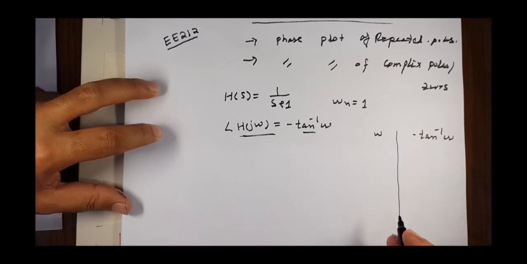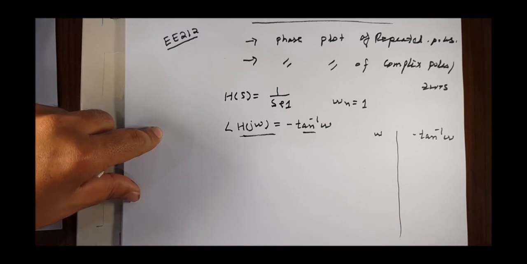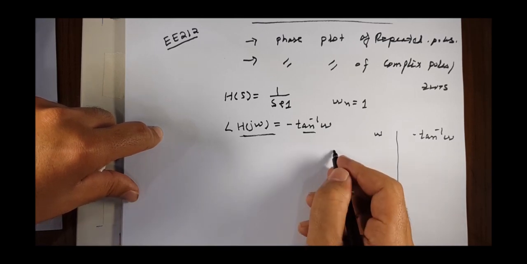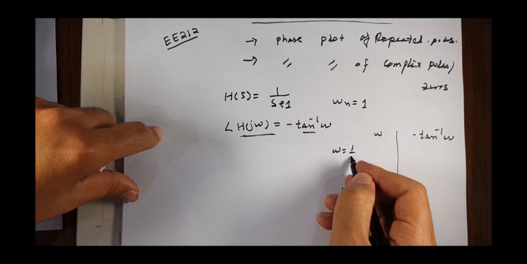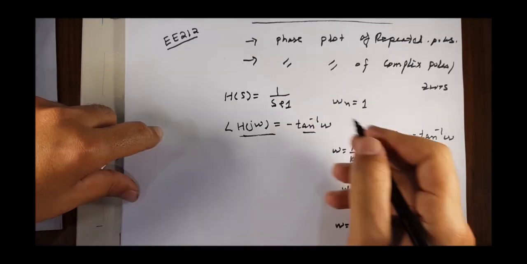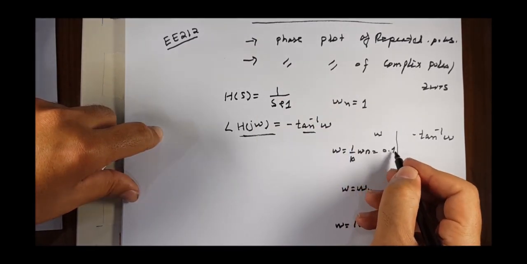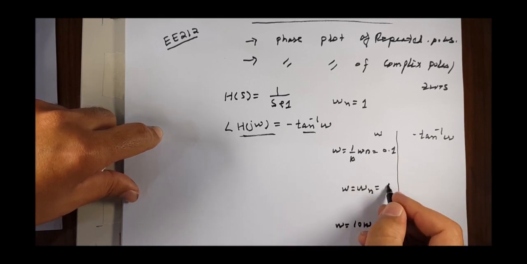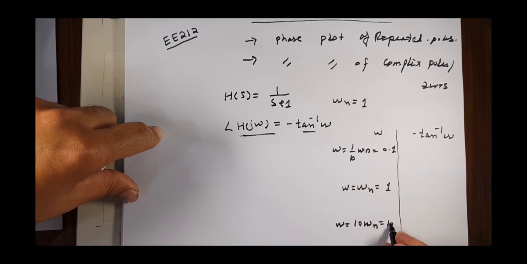We said that we are interested in just three main frequencies: when omega is equal to omega n, omega is equal to 1/10 times omega n, and omega is equal to 10 times omega n. So for this case, with omega n equal to 1, these are 0.1, 1 and 10.